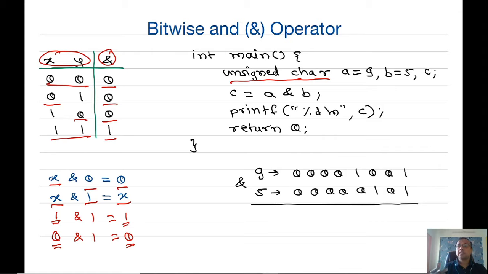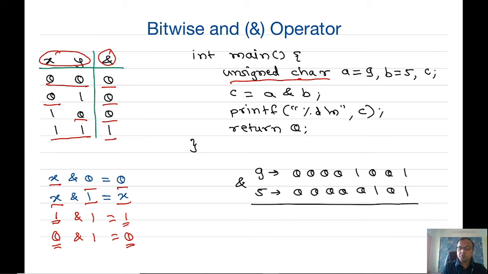Since it is an 8-bit size, drawing 8 bits on paper becomes very easy. Definitely you can extend this for short values or int values as well, but you need to keep in mind that they are not limited to 8 bits. You need to go with 16 bits and 32 bits respectively, right?